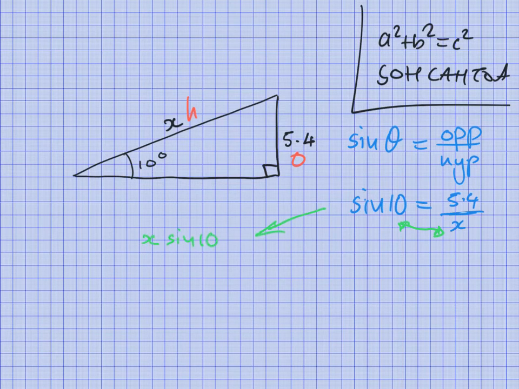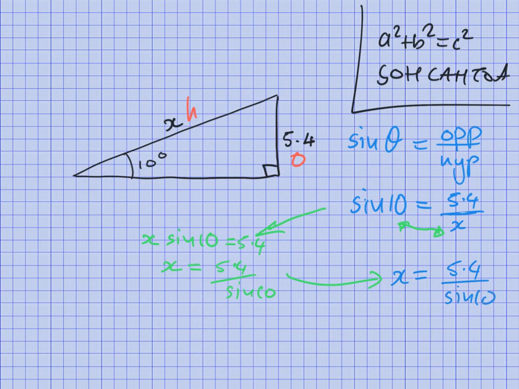So we get x sine 10 equals 5.4. And then we divide both sides by sine 10. So x equals 5.4 divided by sine 10. But we can shortcut that and go straight to the answer because we know that x is equal to 5.4 over sine 10.